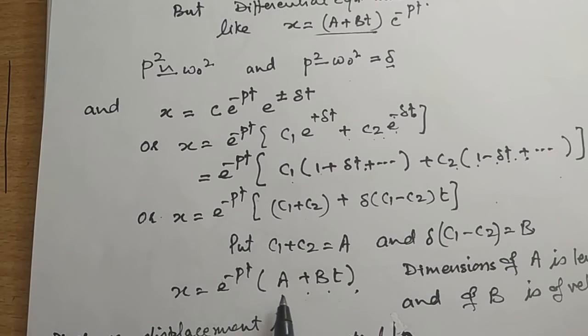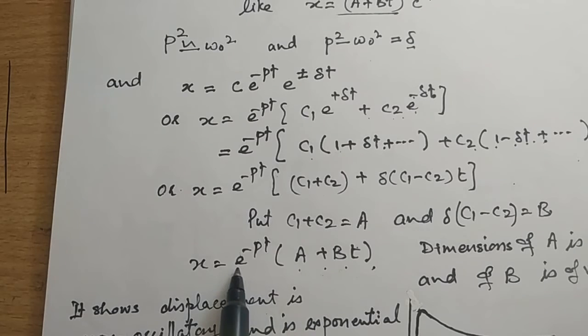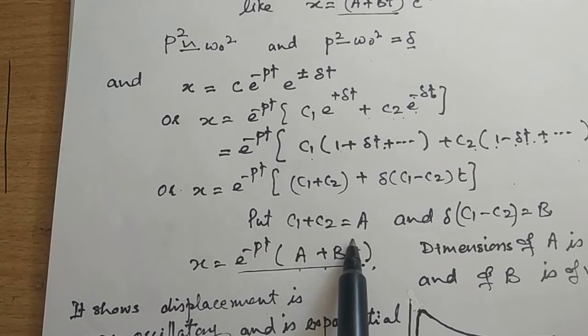And here A has the dimensions of length and B has the dimensions of velocity, because velocity is distance over time. Time will cancel. This term will also have the same dimension as it is on the left-hand side. So it shows that this displacement is not oscillatory, because there is no sine or cos term here and only the exponential term is there.